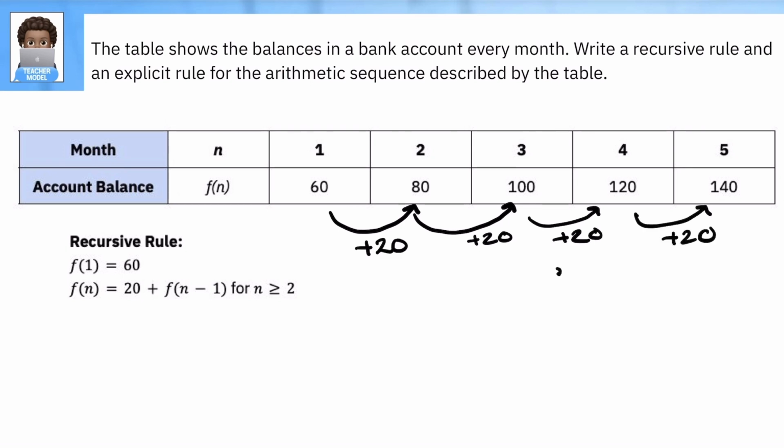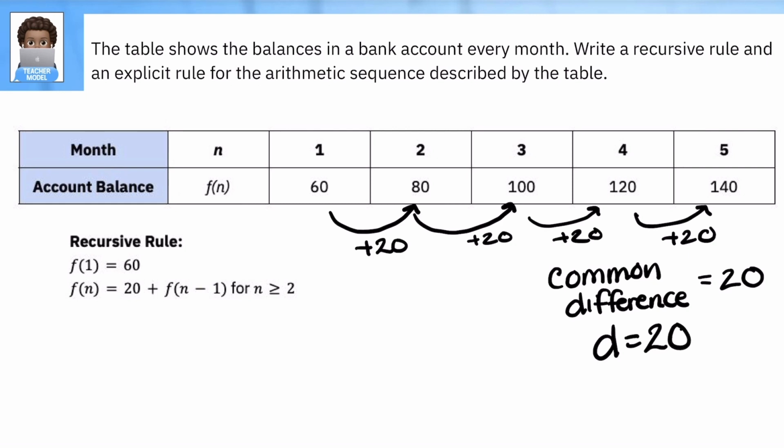So that means my common difference, and it's common because it is consistent, is 20. Okay, D is equal to 20. So we can write that as D plus our previous number.